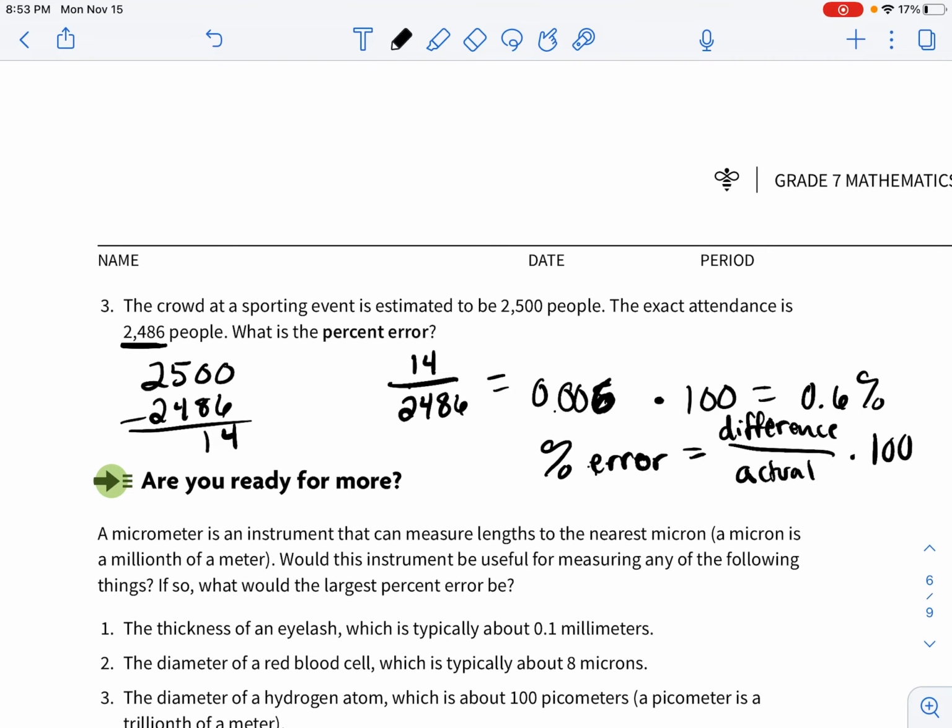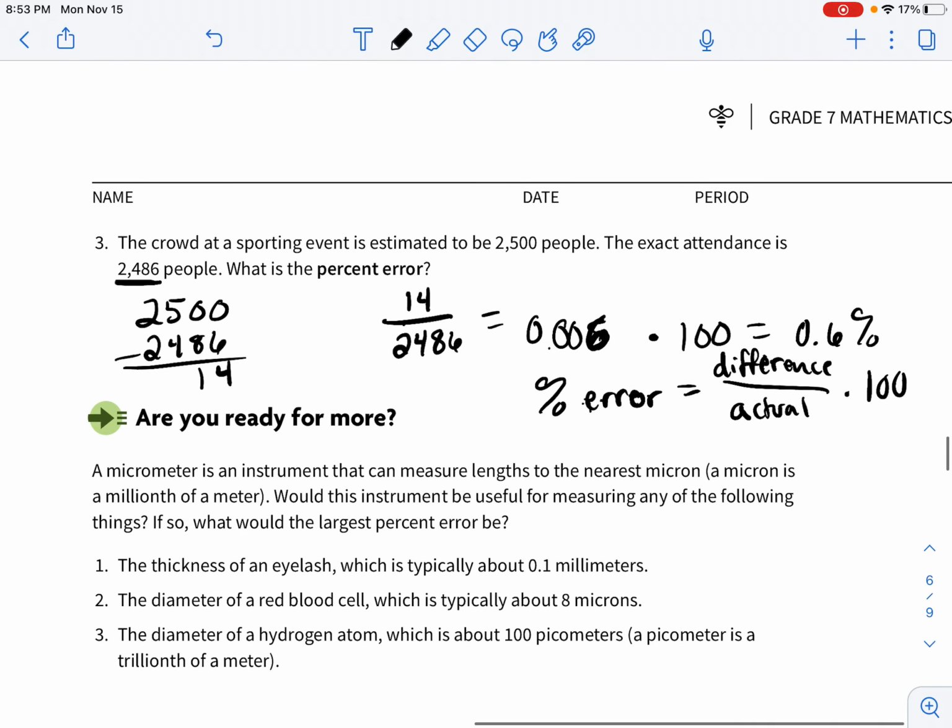So what's it going to be useful to measure? Obviously anything that's really small, less than millimeters. So an eyelash, which is 0.1 millimeter. So you could use it for that. It might not be necessary if it's 0.1 millimeter. Well, actually, yeah, you would want to use it for that.